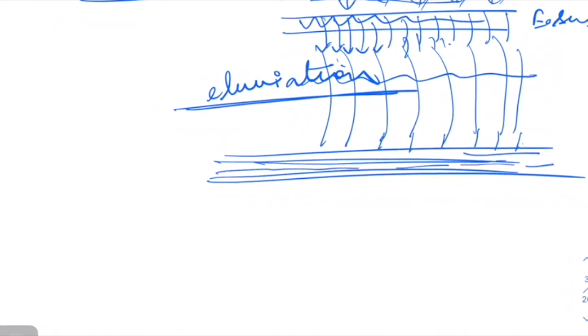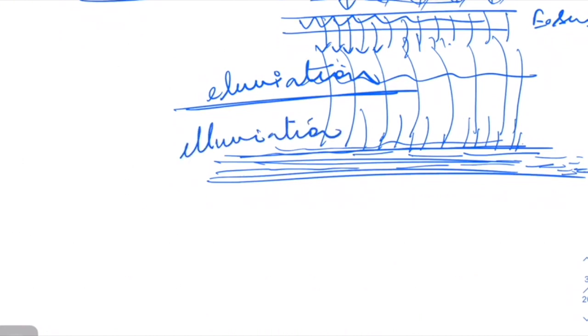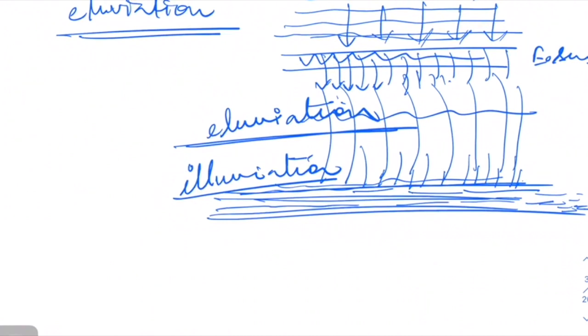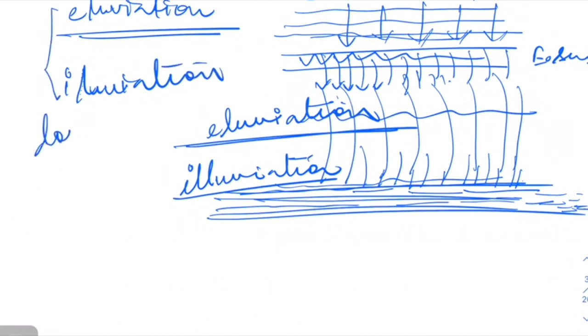Suppose this is now a very tough, solid rock, and this liquid cannot go further inside, so it will get accumulated at this level. When they get accumulated, this is called percolation, right? So actually this is the downward movement of water. Both of these are downward movement of water, right?